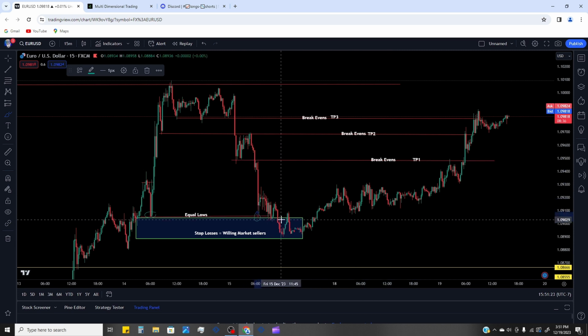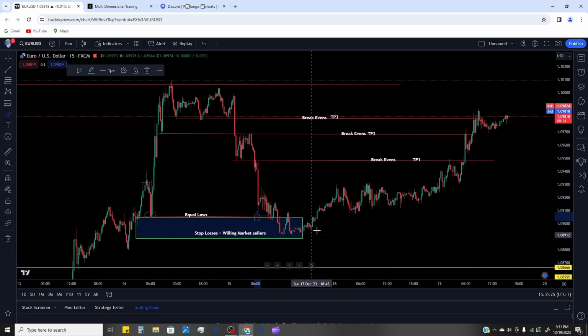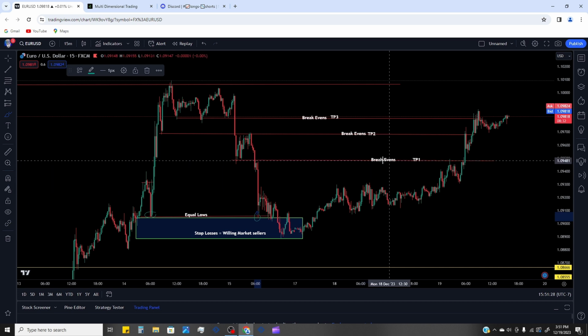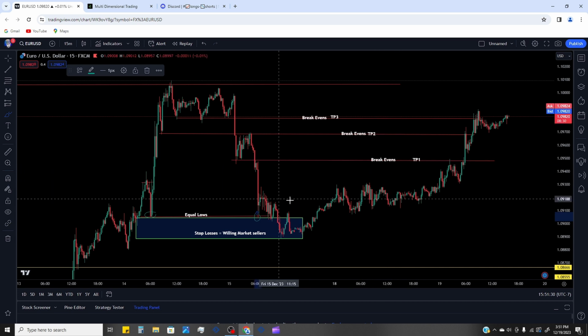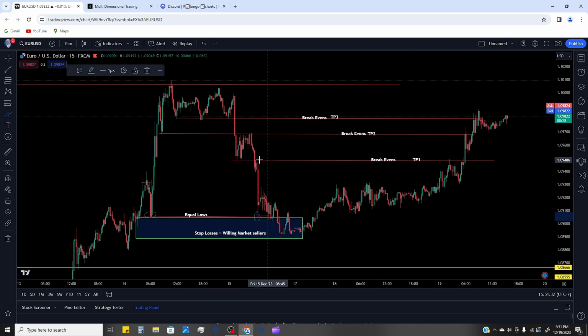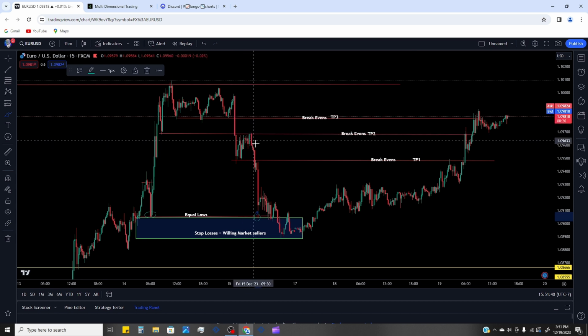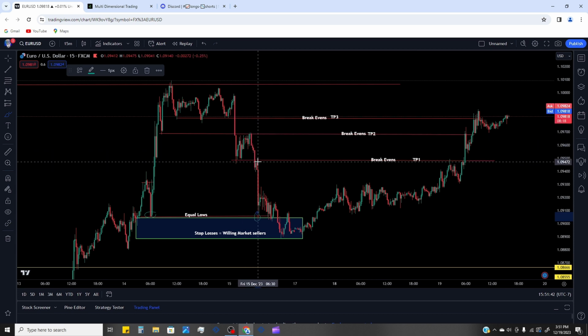Okay, we get in at the equal lows or below the equal lows. We take our profit at break evens on this run up. This is break evens, and I know I've explained break evens before, but it's simple as this. These people in this area tried to buy the dip. That didn't happen for them.